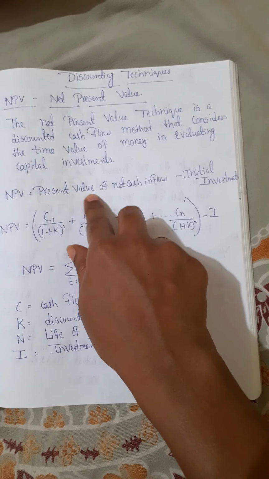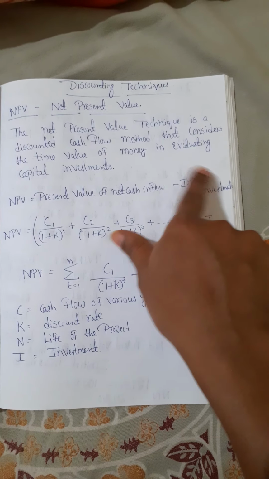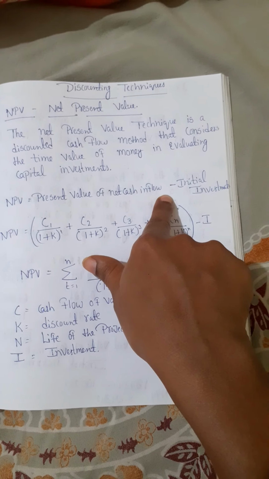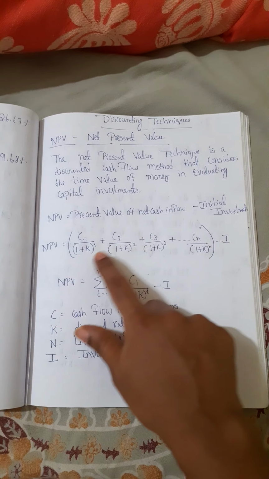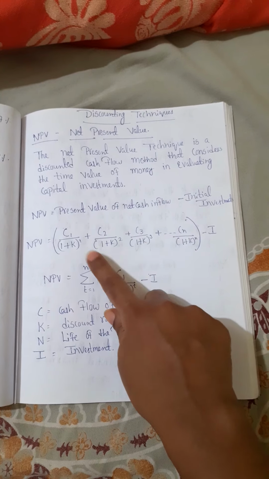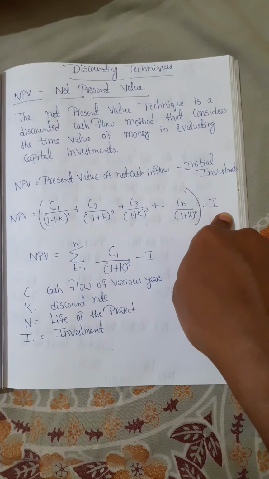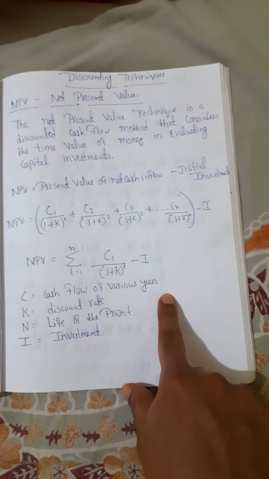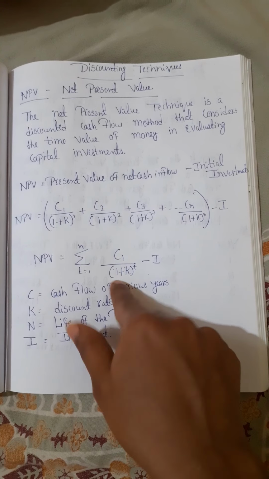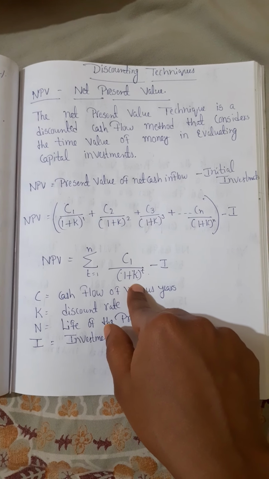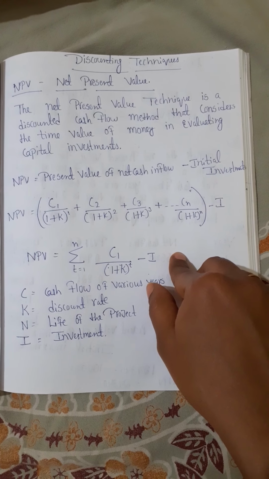What is the formula? Present value of net cash inflows minus initial investment, or present value of net cash inflow minus cash outflow. Here you can see I have taken all the cash flows, discounted them, and deducted the initial investment. You get the NPV. We can also write it as: NPV equals the summation of cash inflows divided by 1 plus K to the power of the number of years, minus initial investment.